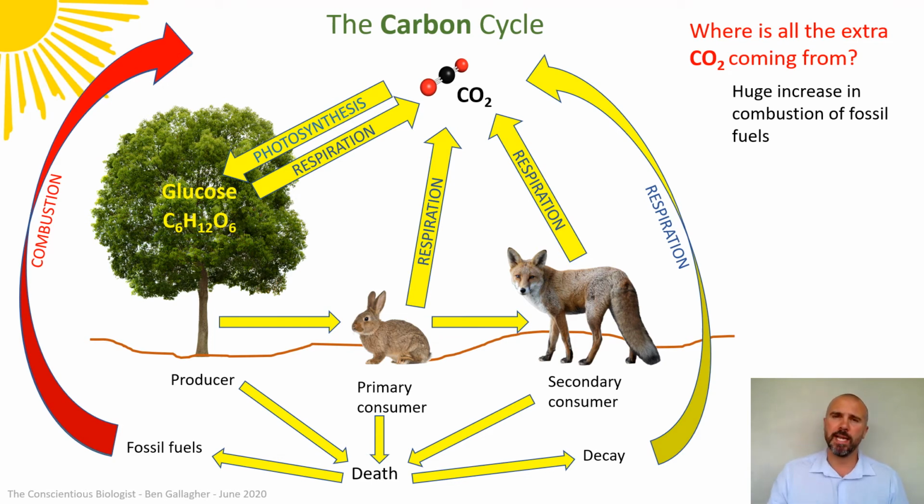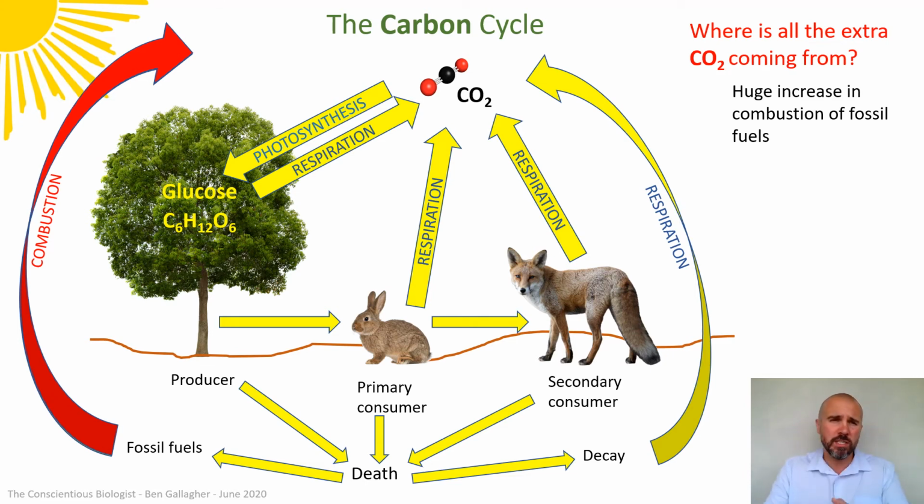And the reason for all that extra combustion is industry. Since the Industrial Revolution a couple of hundred years ago, factories have been pumping out extra carbon dioxide from the combustion of fossil fuels to produce energy for manufacture. Now, as a human species, we've come to depend on all of those technologies.